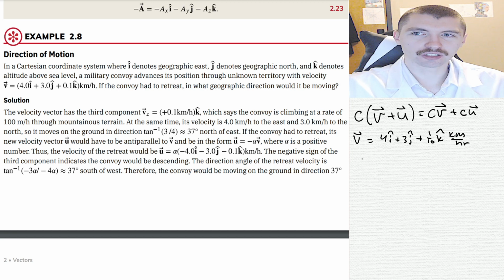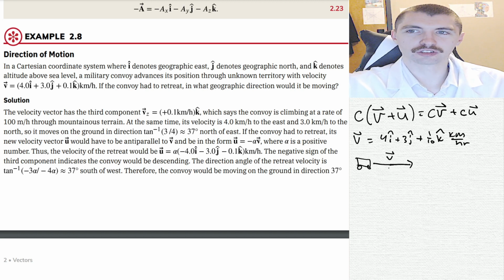So this convoy is moving in this velocity vector. The convoy had to retreat, and it's a little bit above ground. So it's not exactly in the ground.